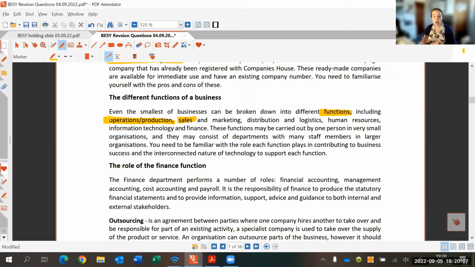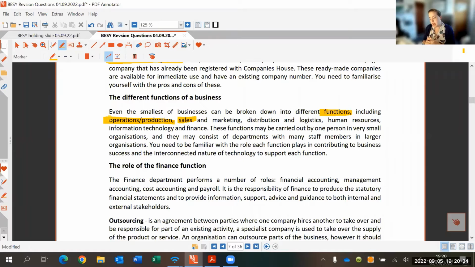It may be that one function will support another function. In finance, we're very much at the centre of what happens in a business, and we'll probably have a link to sales, a link to operations, and a link to human resources, because in the end, everything feeds back to the money.